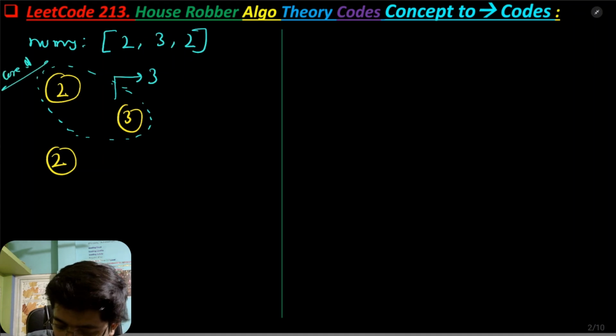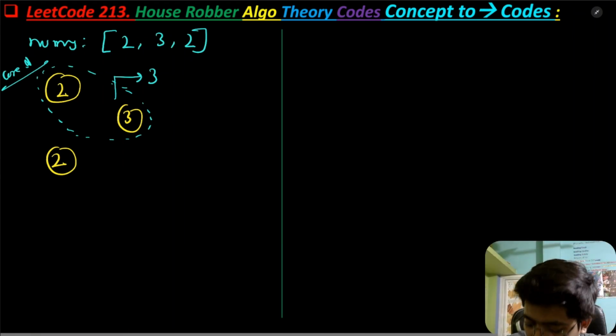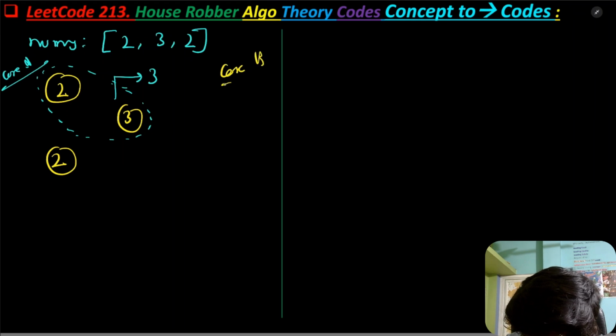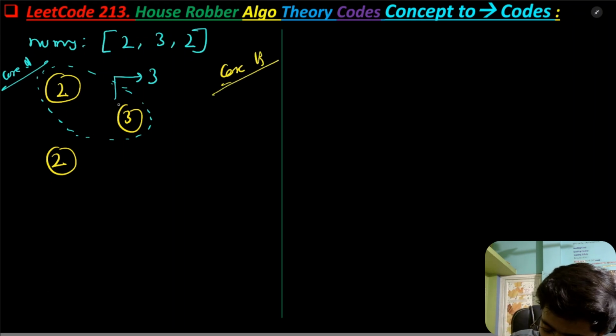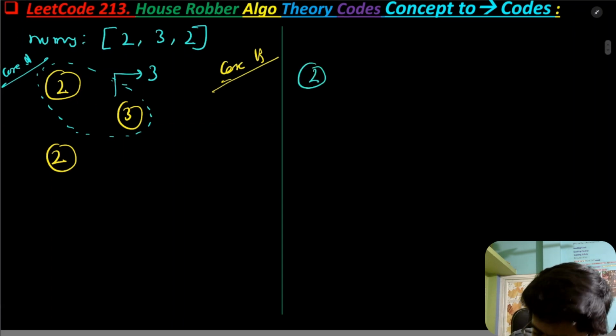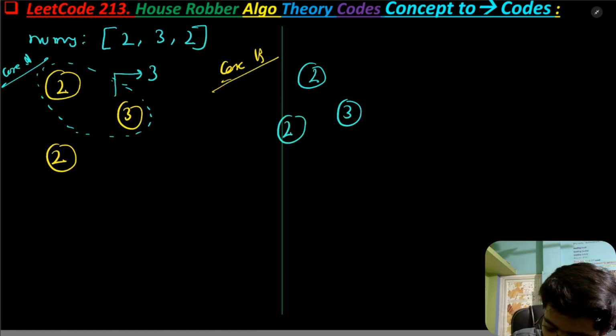Now case 2. We can observe the same array, 2 3 2. In the first case we included the beginning. In the second case we exclude the beginning and include the end.